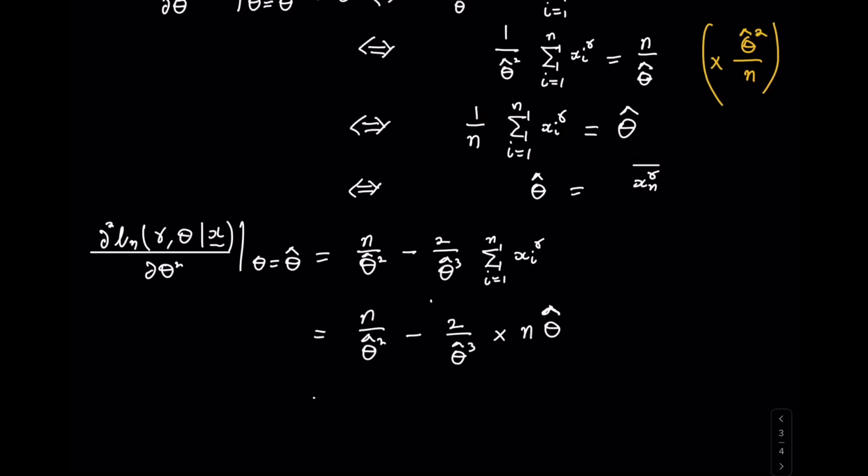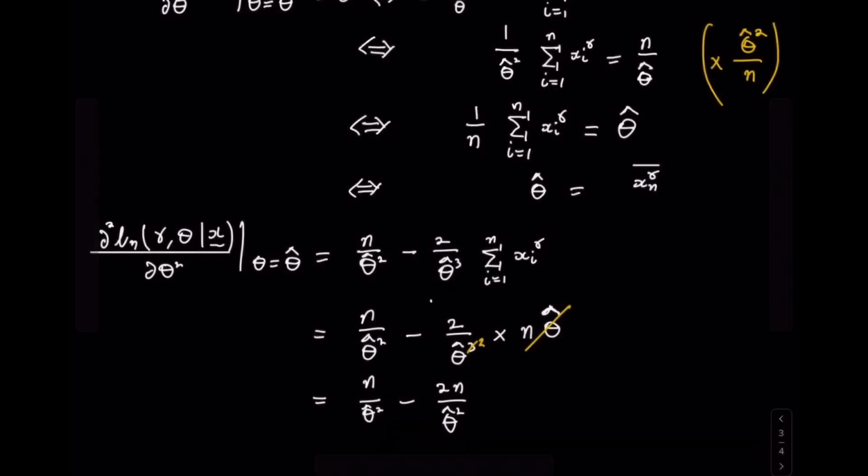After a little bit more simplification, this becomes n on theta hat squared minus 2n also over theta hat squared, after there's a cancellation with this theta hat and the 2 there.